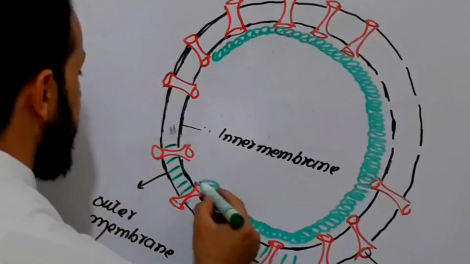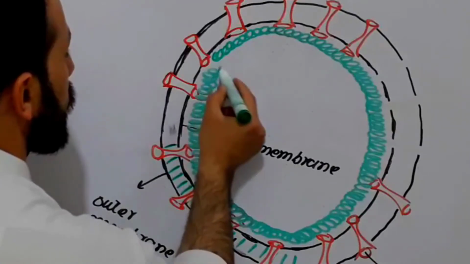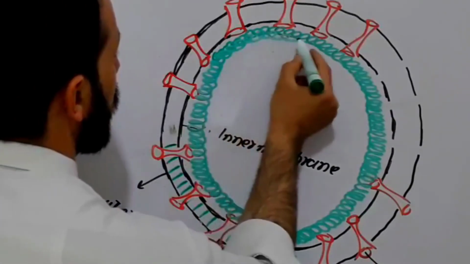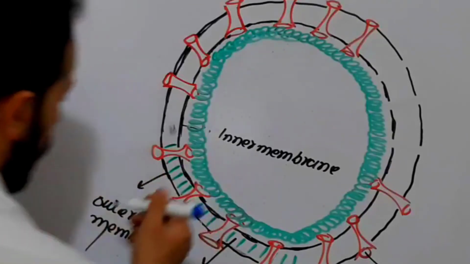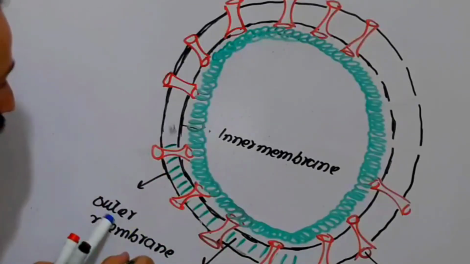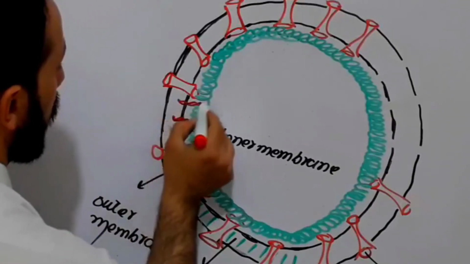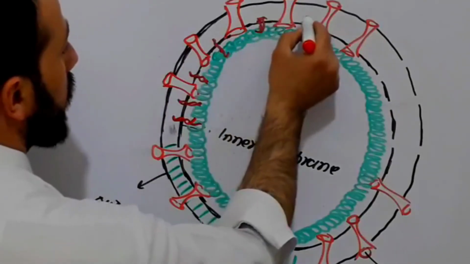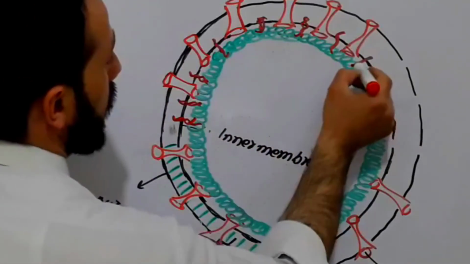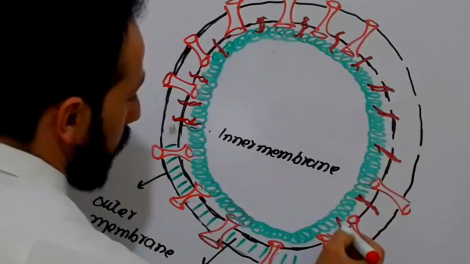This fibrillar protein-dense layer consists of many types of proteins, which I will discuss. So this is called the nuclear lamina, and I will simply say that this nuclear lamina is in contact with the inner membrane of the nuclear membrane, right?